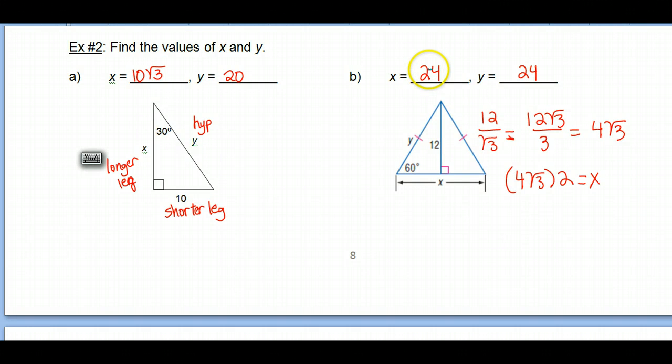Okay, both of them 8 root 3. Wait, no, because wouldn't it be root 3 times root 3? No, it's root 3 times 2. I think it's 3.